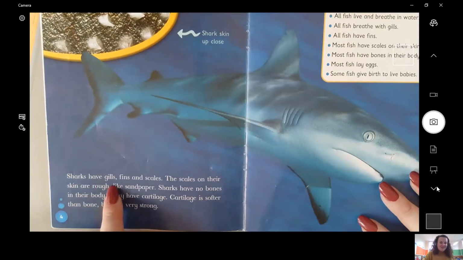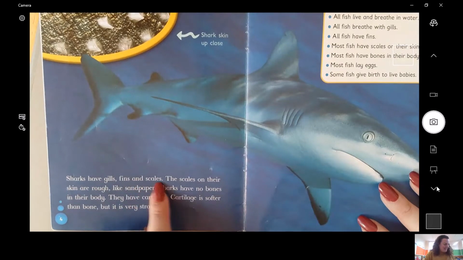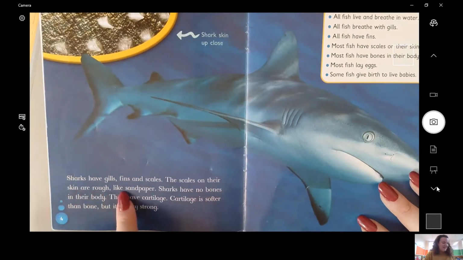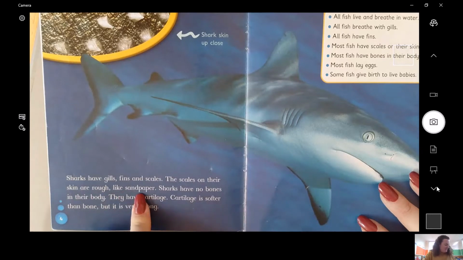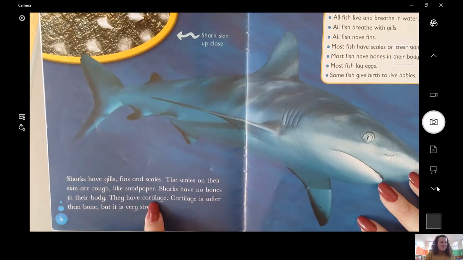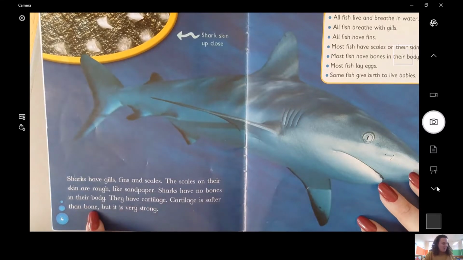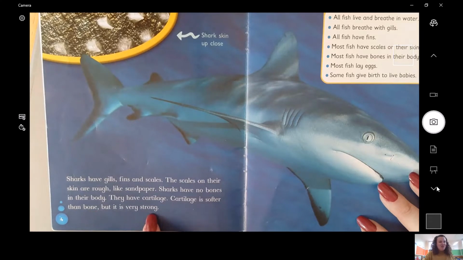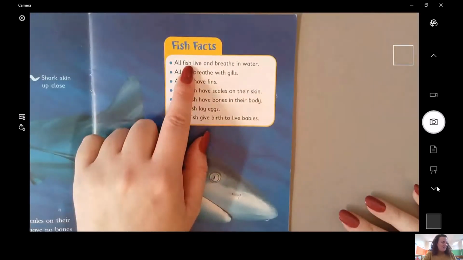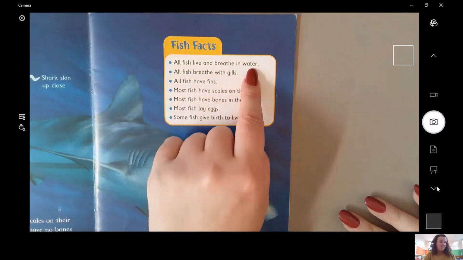Sharks have gills, key word, fins and scales. The scales on their skin are rough like sandpaper, another key word. Sharks have no bones in their body. They have cartilage. Cartilage is softer than bone, but it is very strong. Fish facts. All fish live and breathe in water.